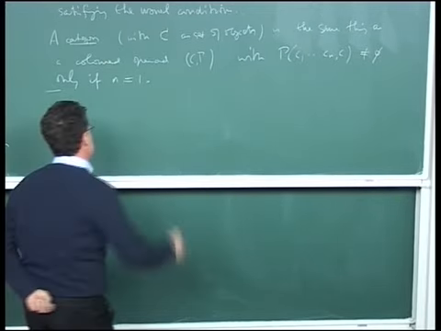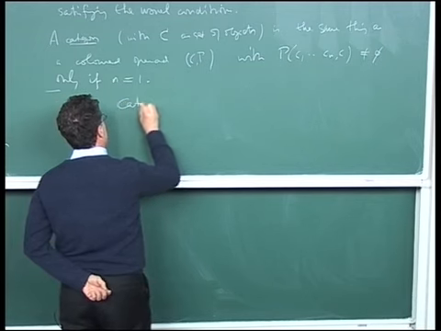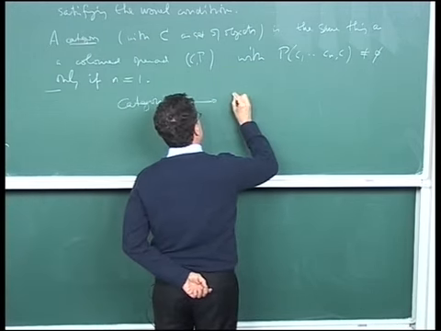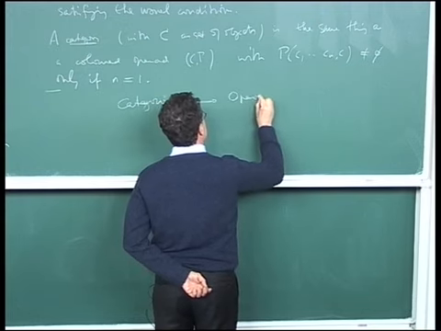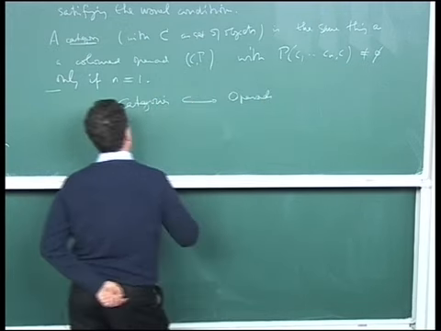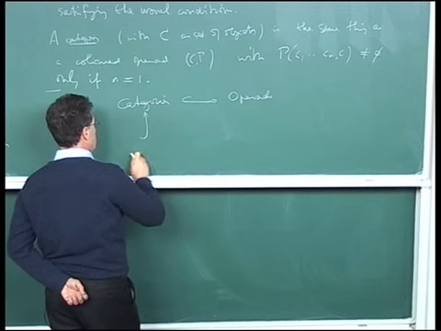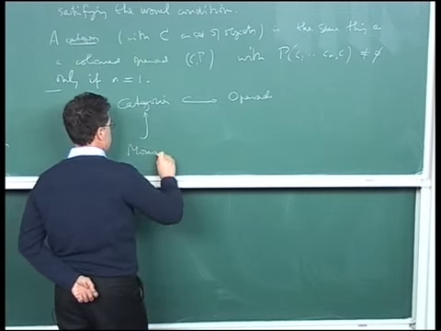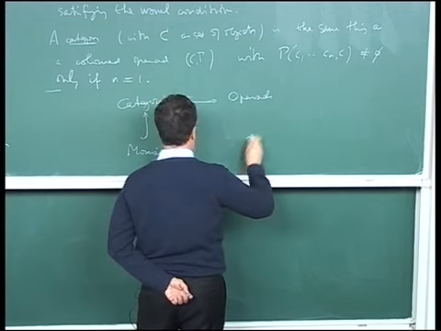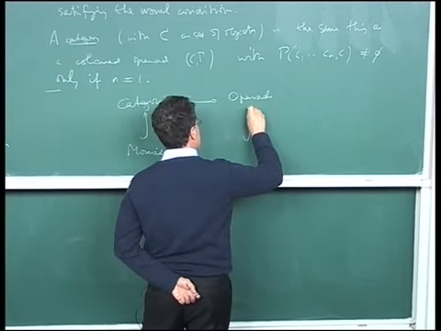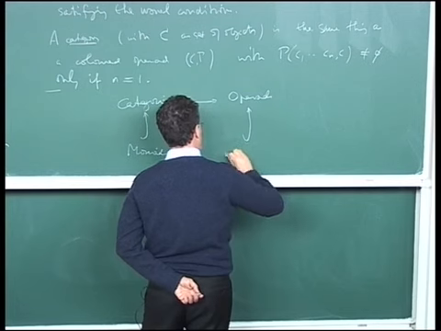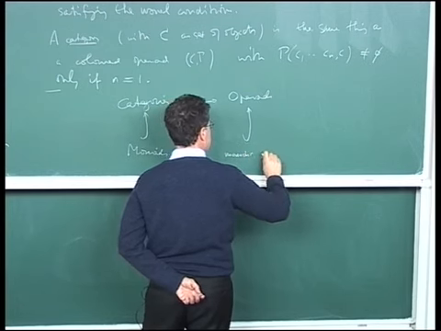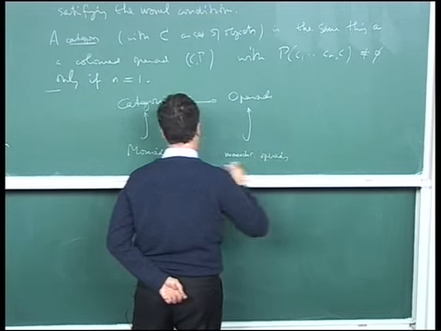Okay, so categories sit inside, I've drawn this before, categories sit inside colored operads. And if you restrict yourself to the one object case or the one color case, here you get monoids, and here you get these monochromatic operads. One-colored operads.